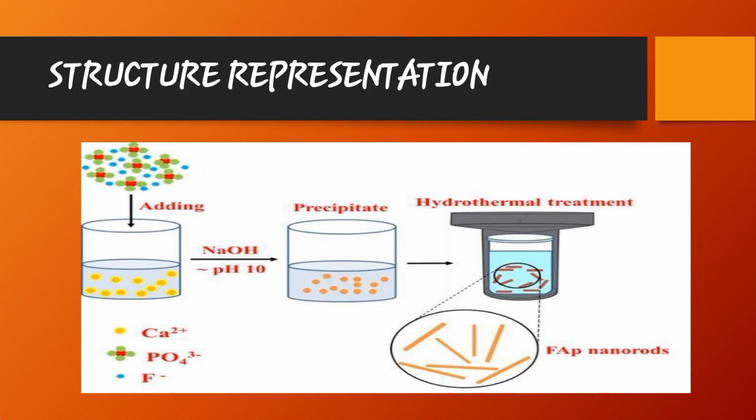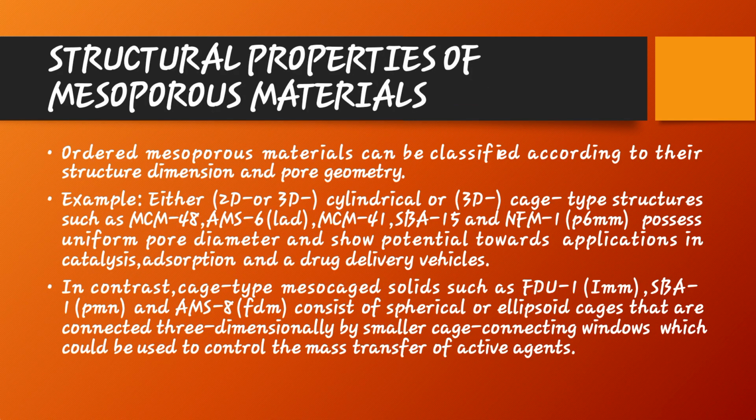Next, here is showing the structural properties of mesoporous materials. Ordered mesoporous materials can be classified according to their structure dimension and pore geometry, for example, 2D or 3D, cylindrical or 3D cage-type structures such as MCM-48, AMS-6, MCM-41, SBA-15 and P6mm. These possess uniform pore diameter and show potential towards applications in catalysis, adsorption, and drug delivery vehicles.